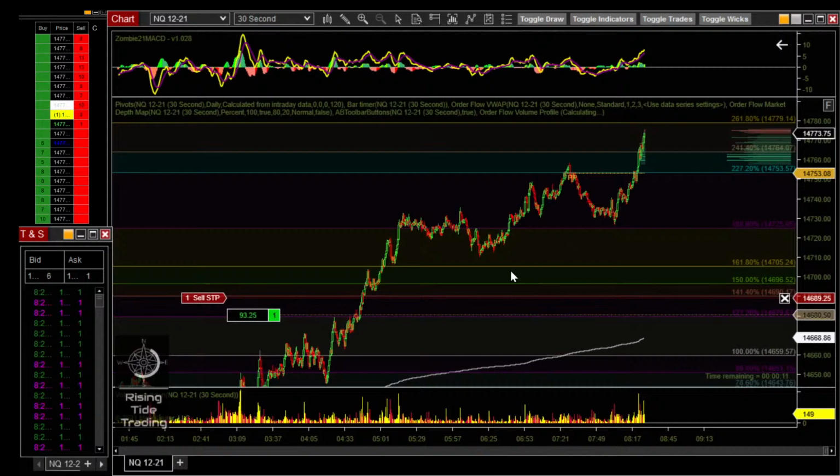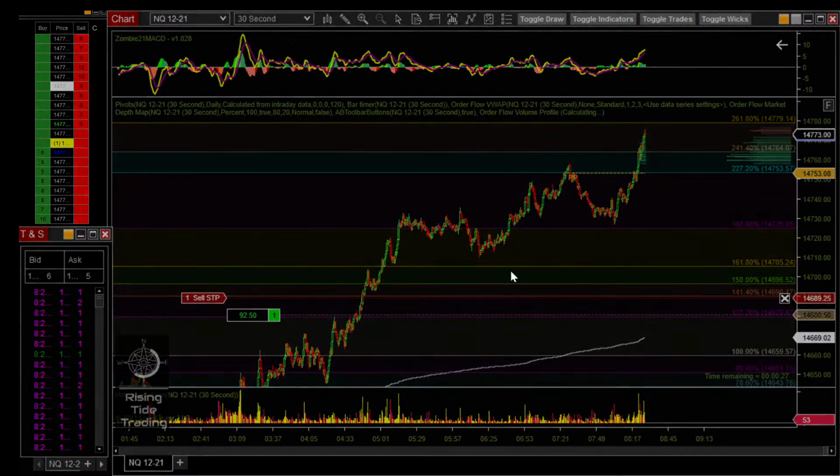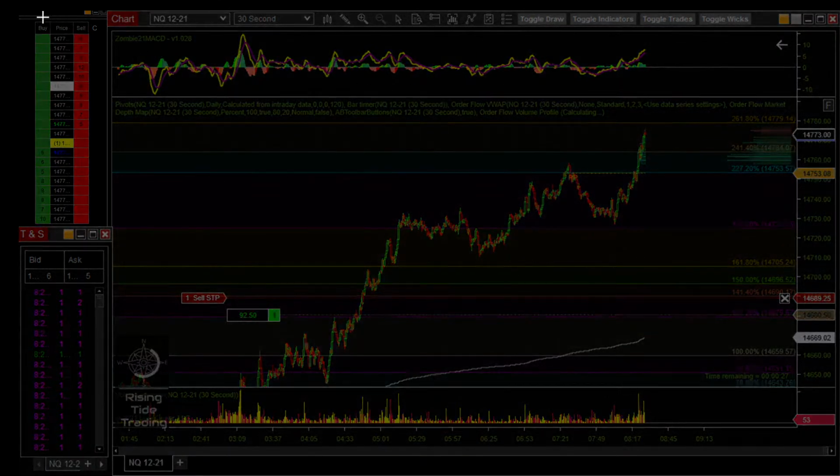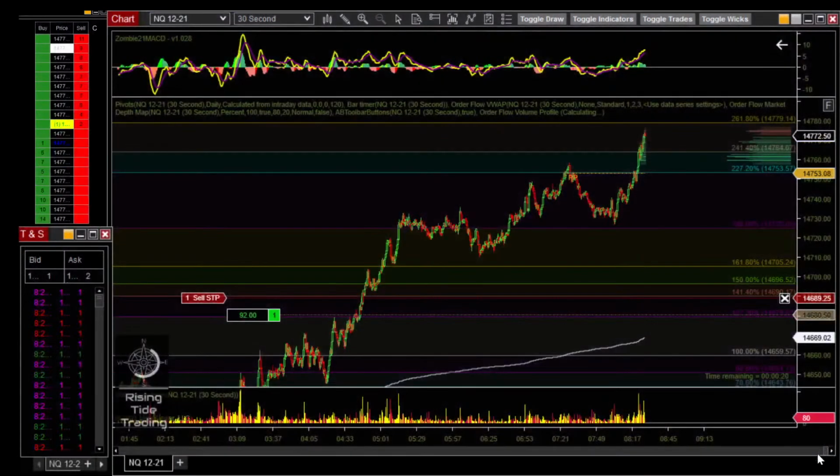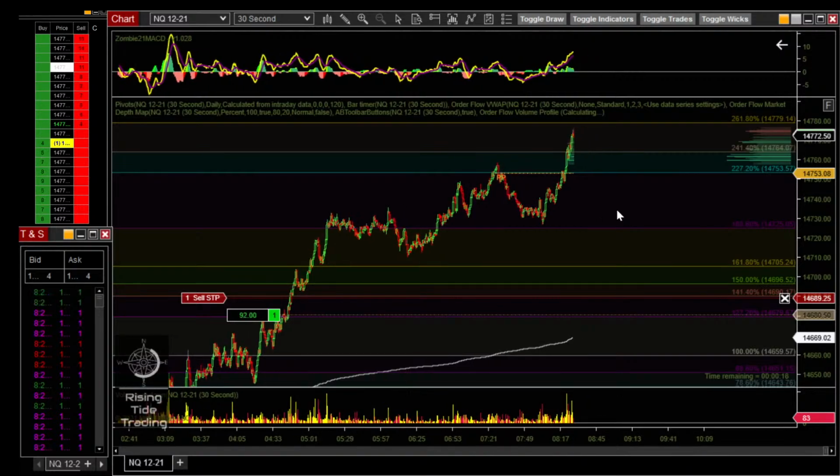Hey Lou, when we get a move like this before the open, does it kind of tell you what the day will be like? No. The open, you can lose all that in one candle. So no, it does not show anything.